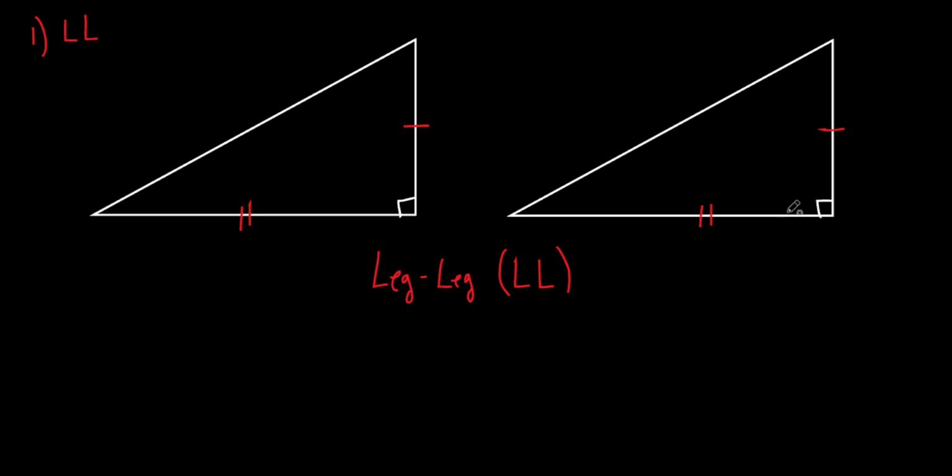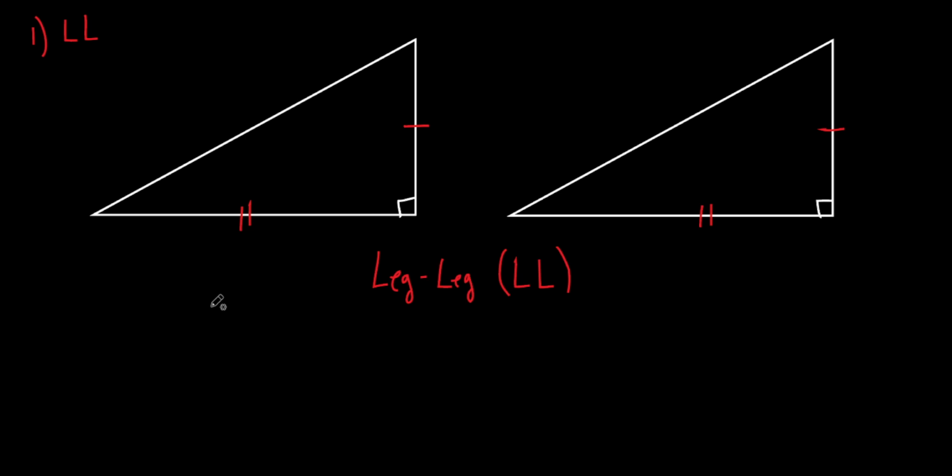So don't write side, angle, side when it's a right triangle. You would put leg. Any questions on this before we move on?